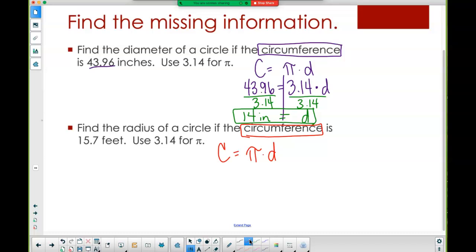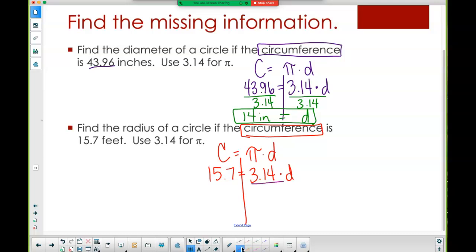What's the circumference? Caleb? 15.7. Pi is 3.14 times d. All I did was recopy and put the numbers in it. I'm going to solve this the same way.